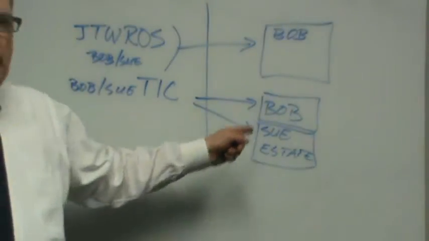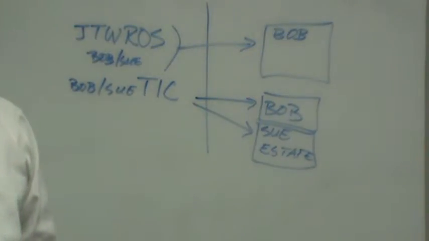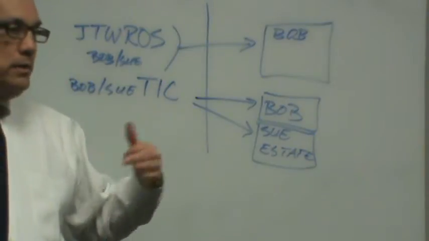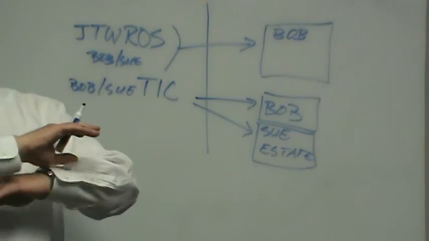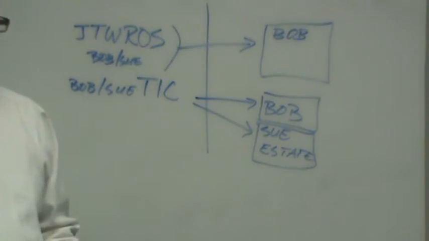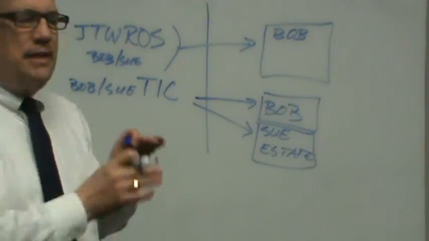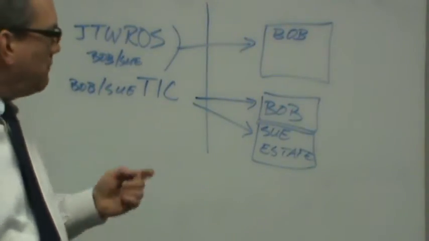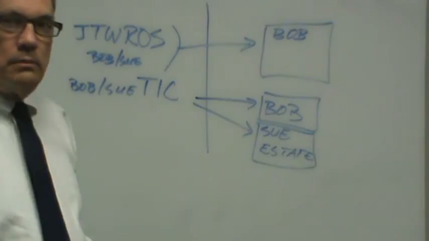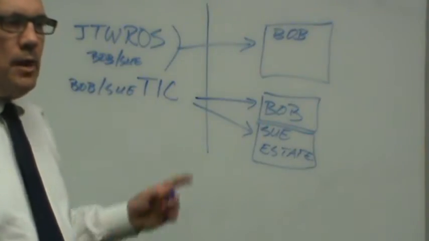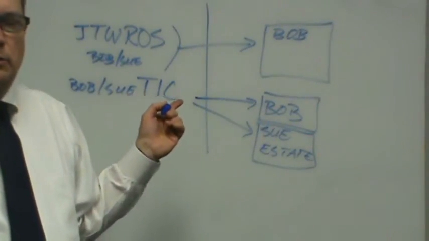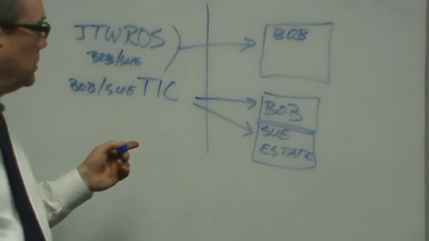I drew my boxes of different size on purpose because you can have 99-1, 1-99, any split. Whatever the split is, that's the way things are split up after one's death. That's tenants in common. Partners, or folks who are in business together, will use it quite a bit.